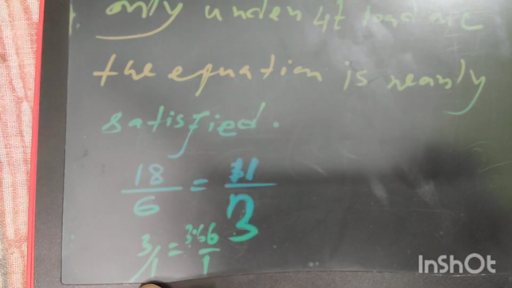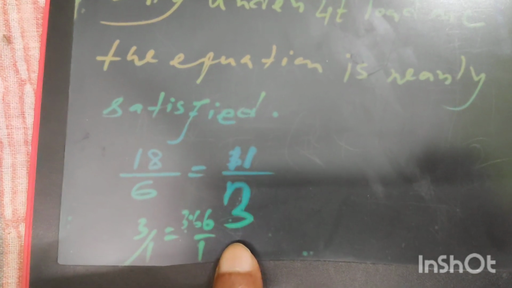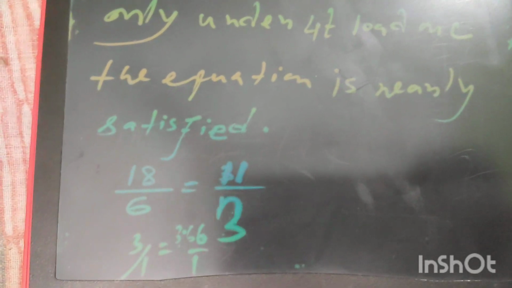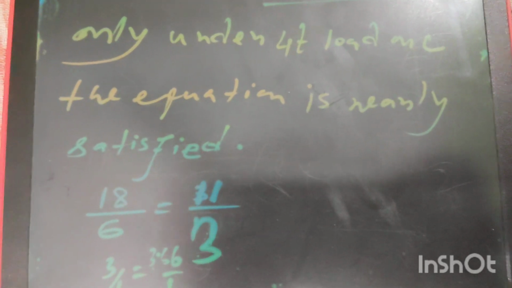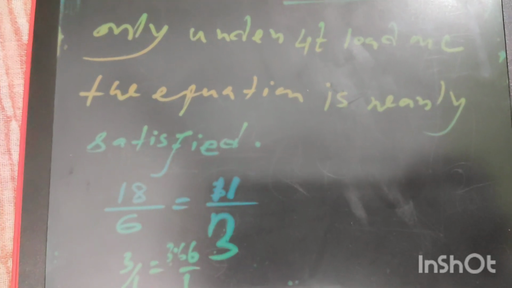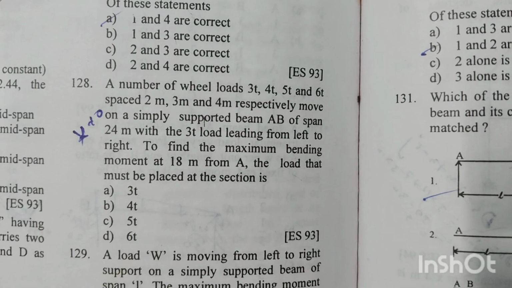So the ratio will be almost the same. This is 3 by 1 and this will be 3.66 by 1. So it is nearly satisfied to get the maximum bending moment at point C when the 4 ton load is placed at point C. Option B is the right answer.